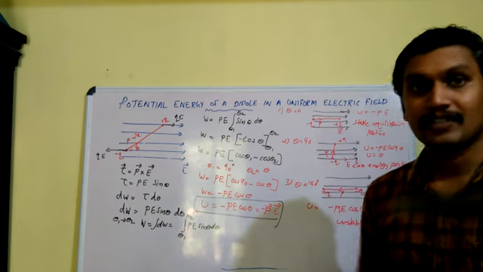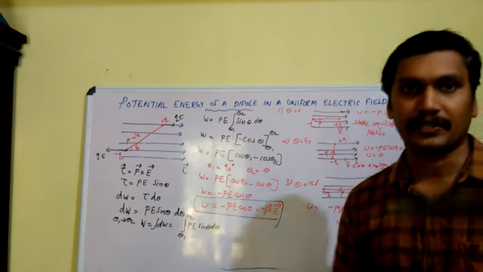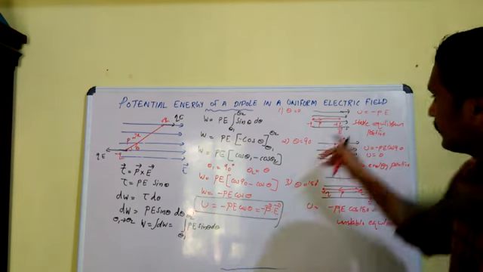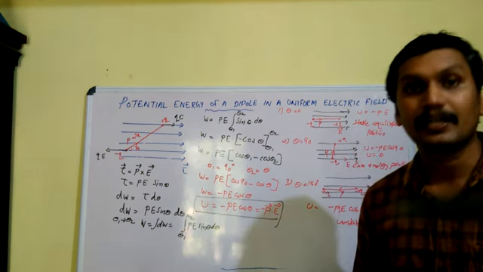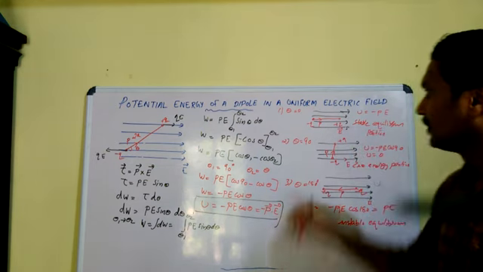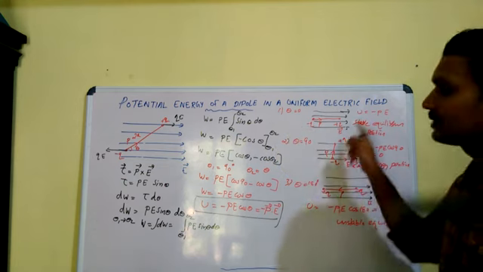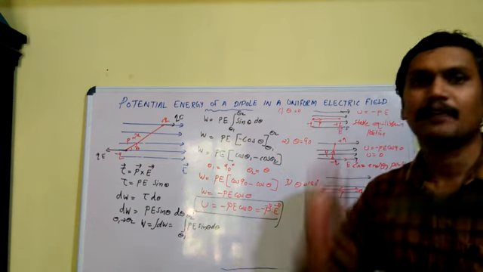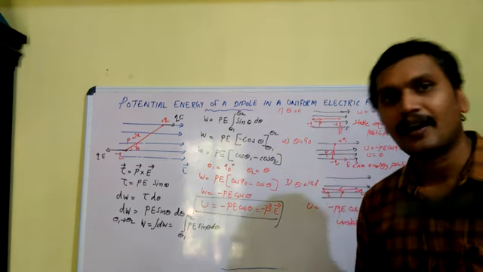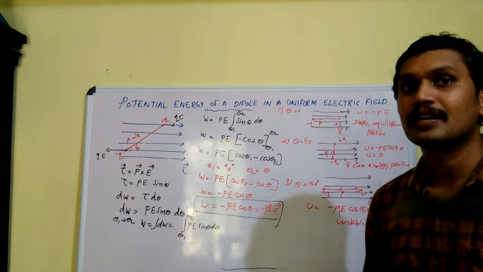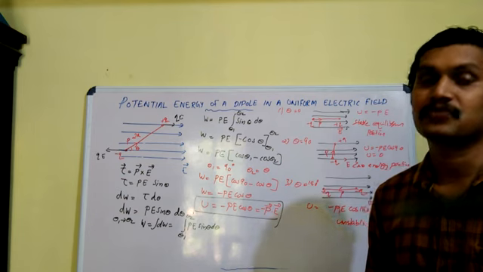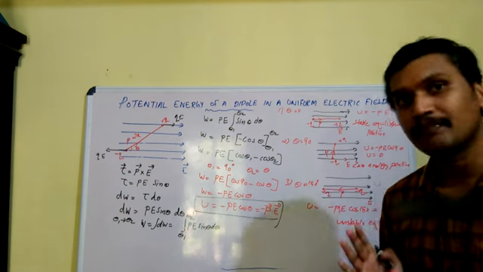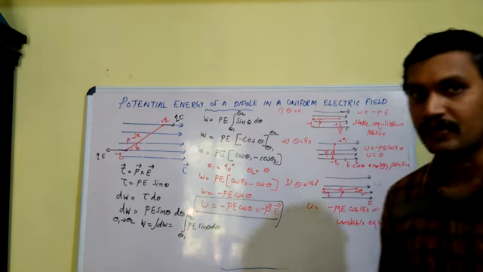Why is it unstable? It has maximum potential energy. The first case we call stable equilibrium. Why is it stable? Because it has minimum potential energy when the dipole is parallel to the uniform electric field. We call it equilibrium as the force is 0, and stable because it has minimum potential energy.